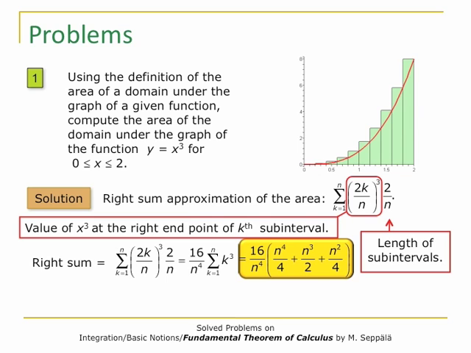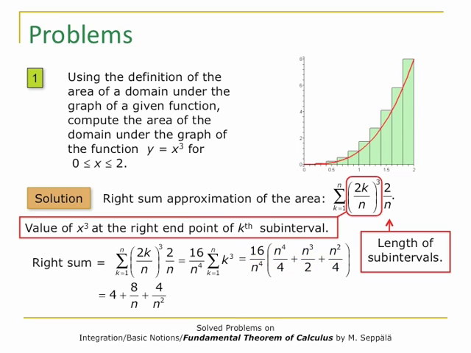We conclude that the right sum approximation for the area of the domain under the graph of the function x cubed and over the interval from 0 to 2 is 16 divided by n to the fourth times n to the fourth divided by 4 plus n cubed divided by 2 plus n squared divided by 4.